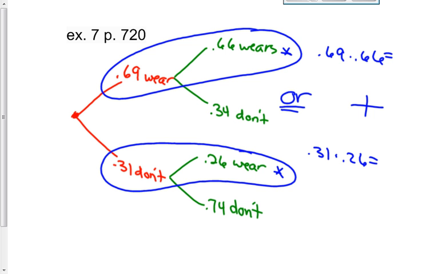So I'll multiply across this one, get your calculators out, plug that in, multiply across this one, multiply that out with your calculator, and then we'll add them together. And hopefully you come up with your grand total to match what we've got here of 0.536. Or 53.6% of the time, the student will wear a seatbelt in the car.